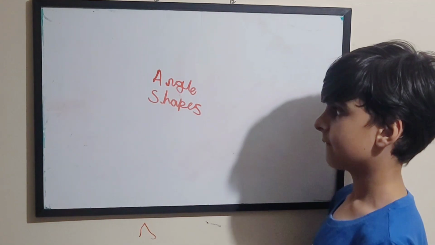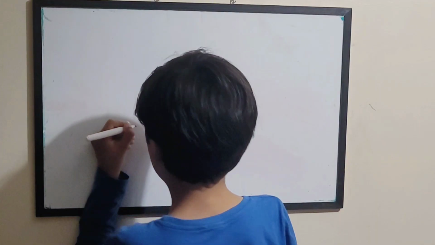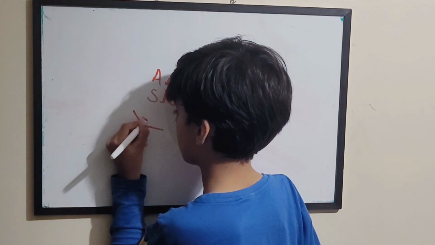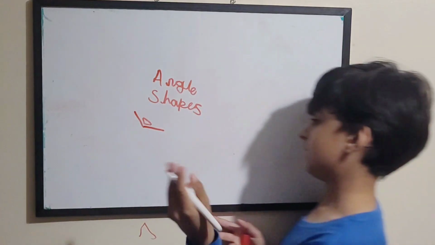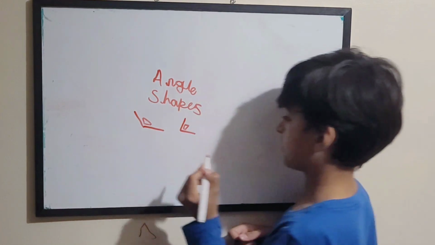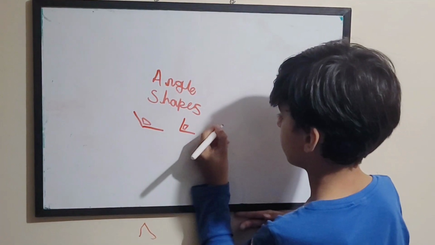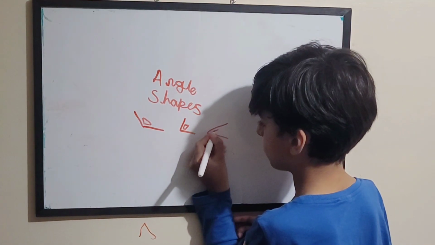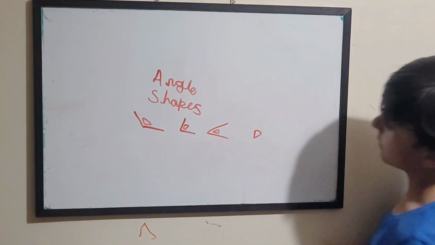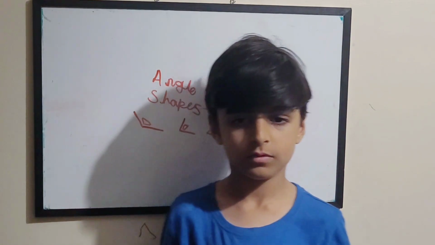Now, for obtuse, your angle shape will be this. Now, for the right angle, it will be a square. For acute, it will be this or this. So now, let me show you how they're going to do it.